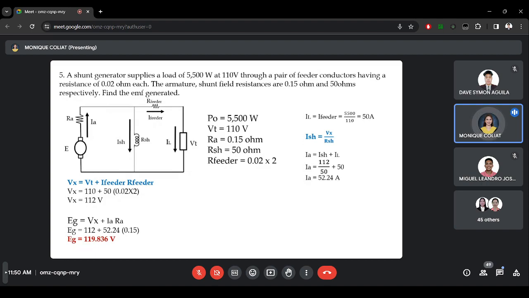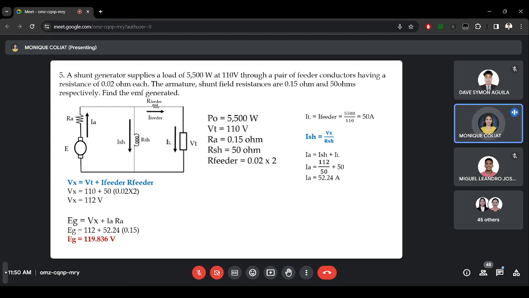Okay, so ano nga ba yung hitsura ng ating shunt generator? Di ba ganito yung shunt generator? So this is for RSH. We have the load, we have the VT, we have here ISH, IL, we have IA, RA, EG. Okay.